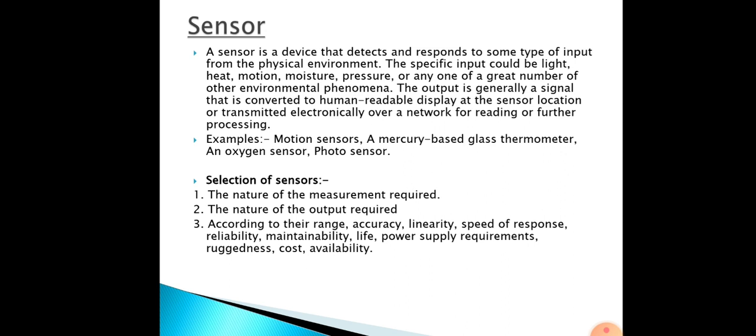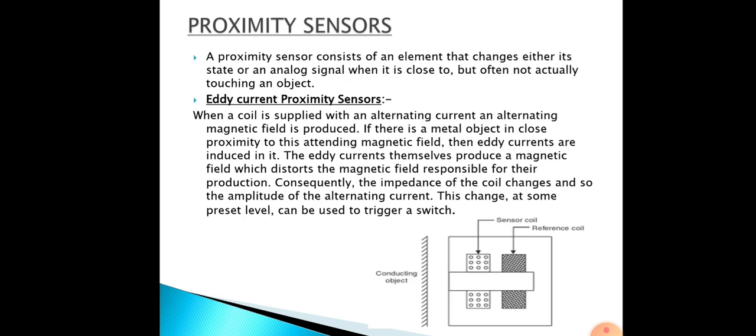The possible sensors can then be identified, determined by the signal conditioning requirements in order to give suitable output signals for the measurement. They are chosen according to their range, accuracy, linearity, speed of response, reliability, maintainability, life, power supply requirements, ruggedness, cost and availability.